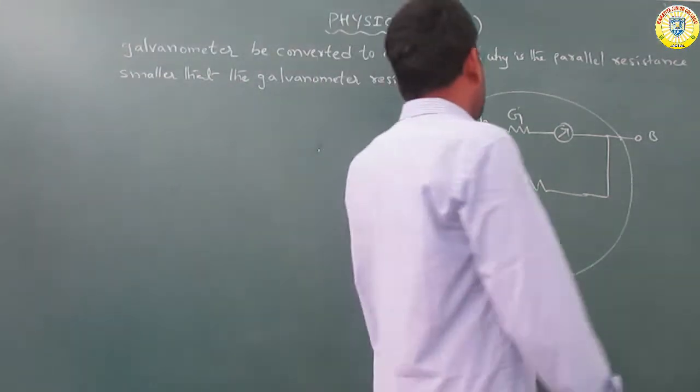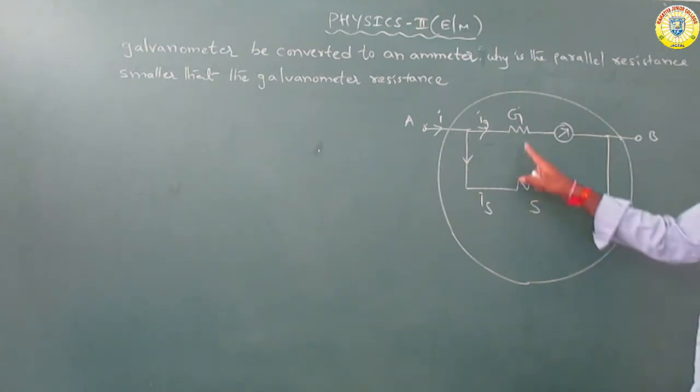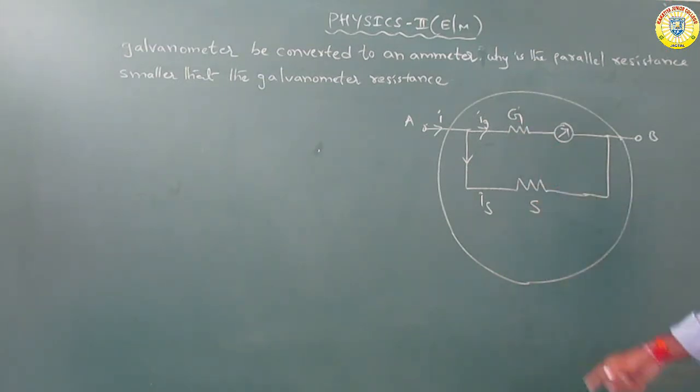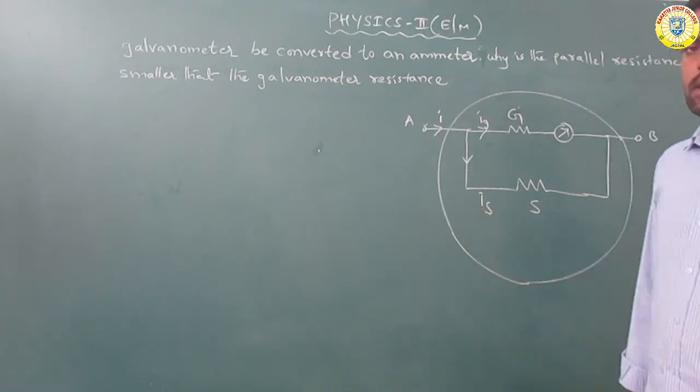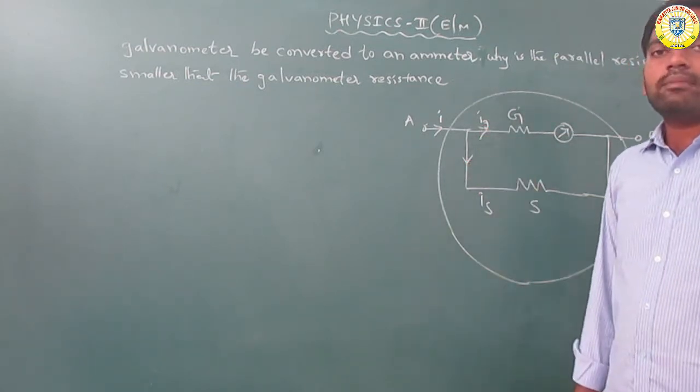Here I is the total current passing through the circuit, and G is the galvanometer resistance. S is called the shunt resistance, IS is the shunt current, and IG is the galvanometer current.